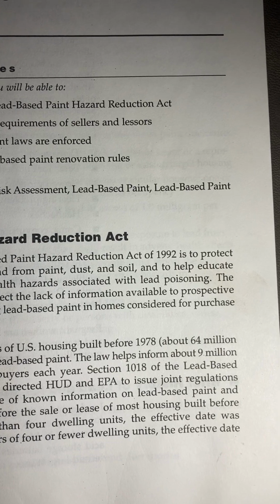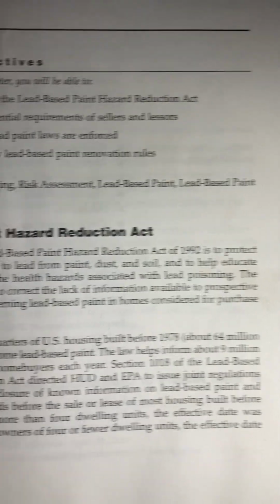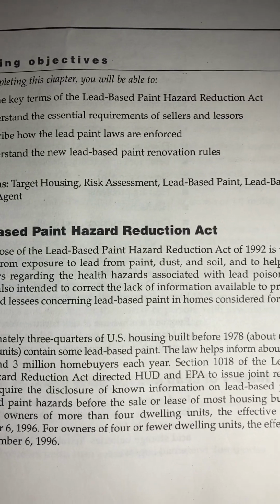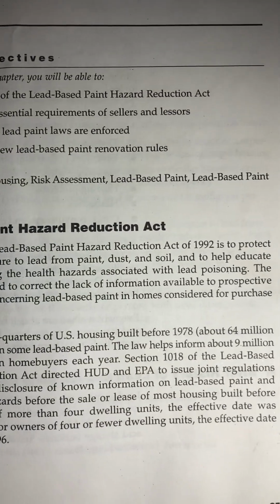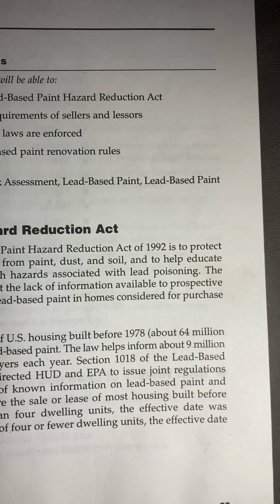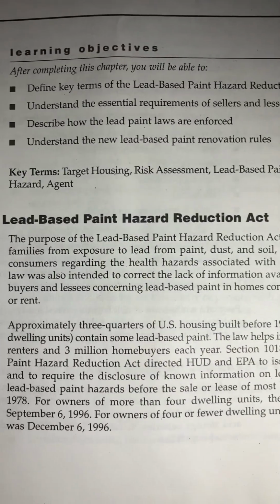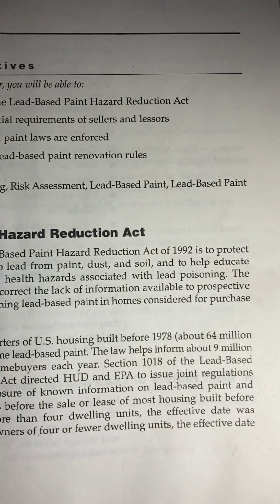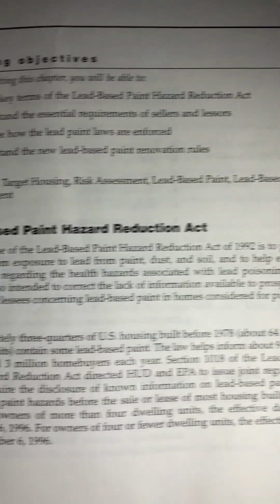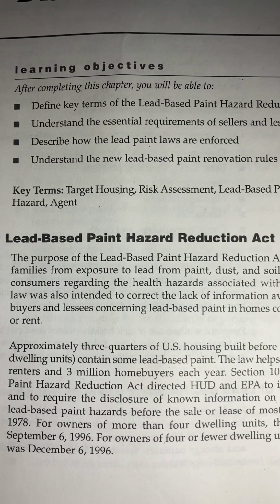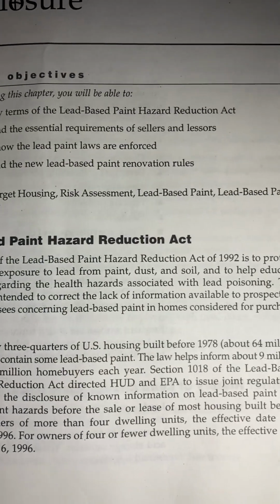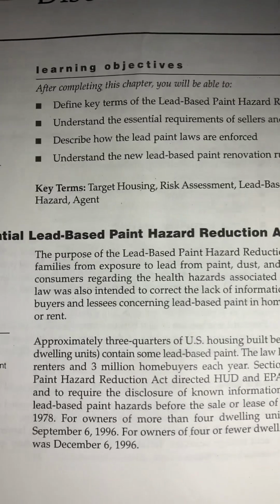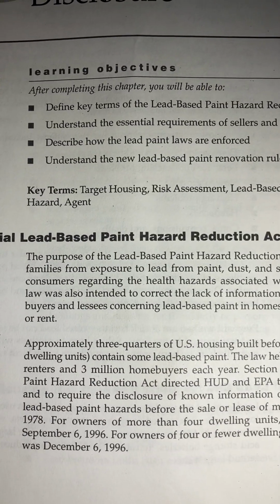Section 1018 of the Lead-Based Paint Hazard Reduction Act directed HUD and EPA to issue joint regulations and to require the disclosure of known information on lead-based paint and lead-based paint hazards before the sale or lease of most housing built before 1978.